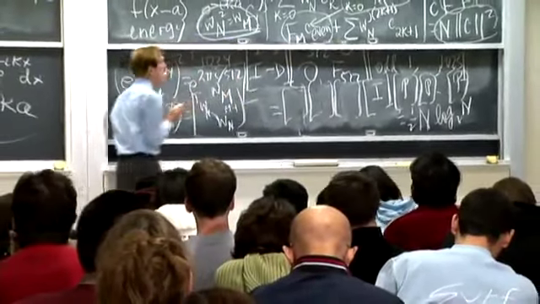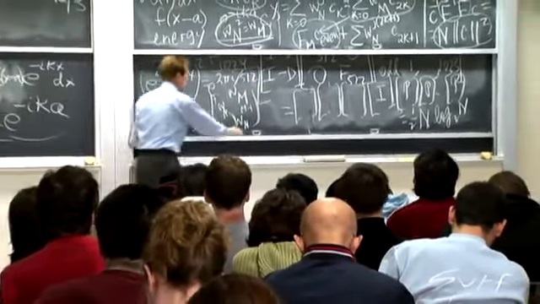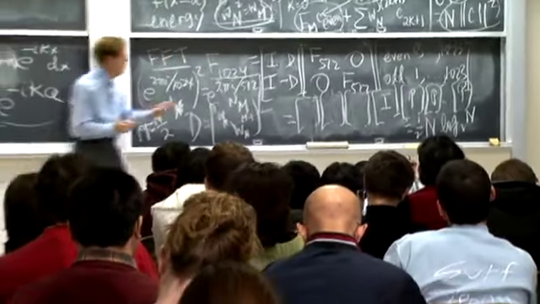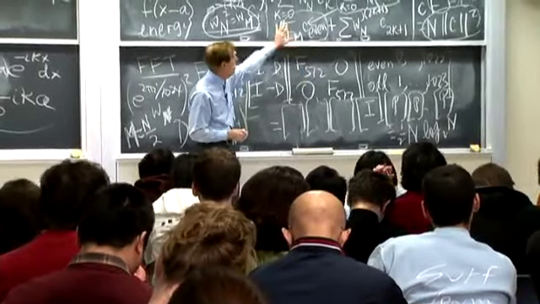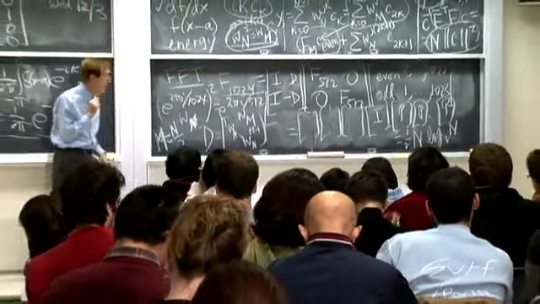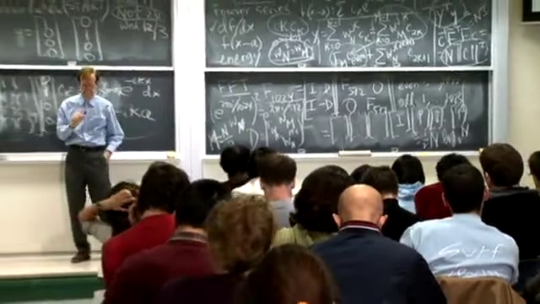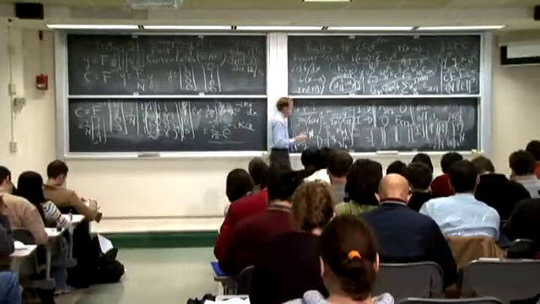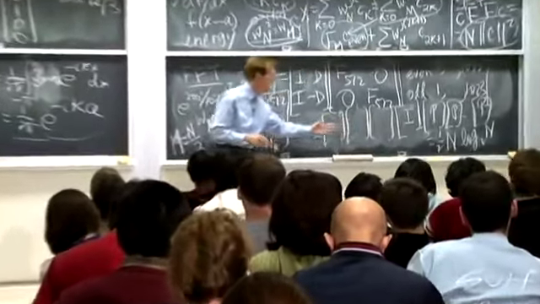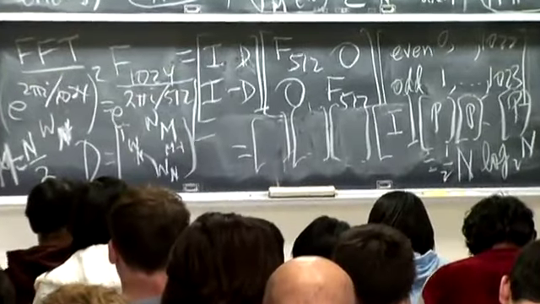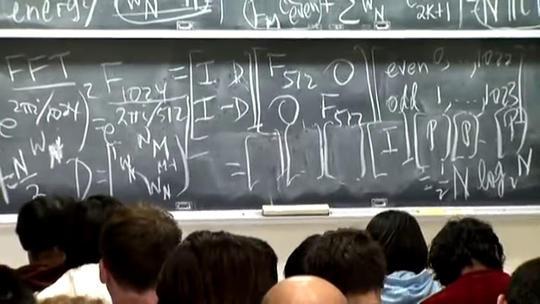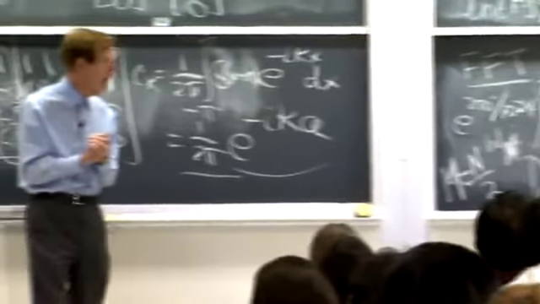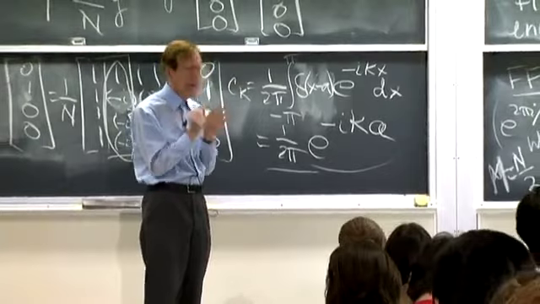It's almost all on one board, 1.5 boards to tell you the key point: odds and evens, recursion, twiddle factors, getting down to the point where you only have twiddle factors left, and then those multiplications are only n log n. Good?